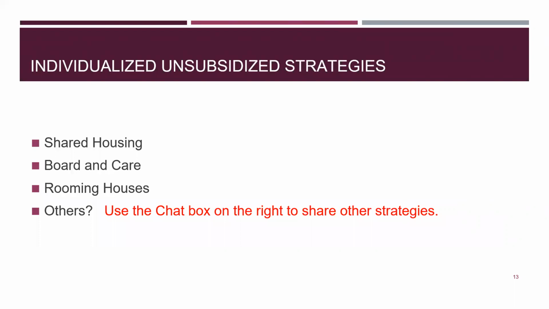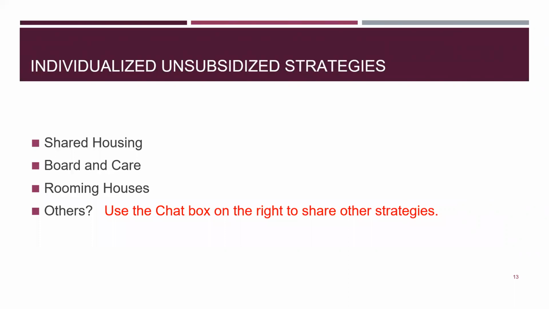You can't exclude anything, put everything on the table as you're trying to solve problems with housing. And rooming houses, we've been looking at single room occupancy and rooming houses, another type of structure that fell out of favor in our community.